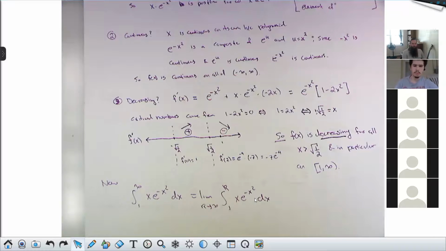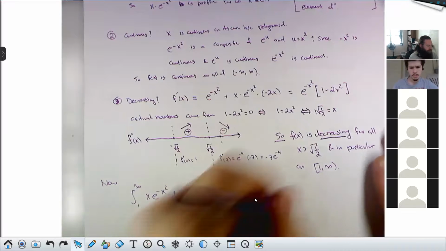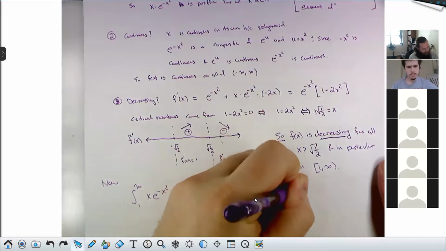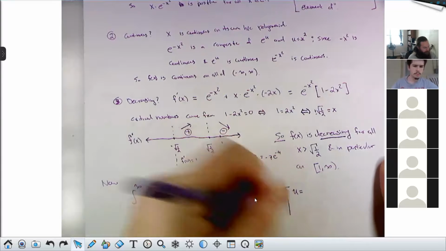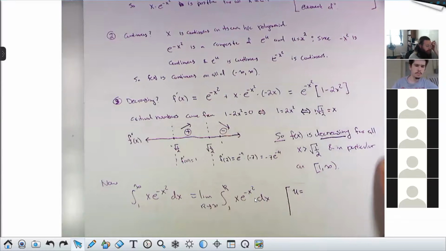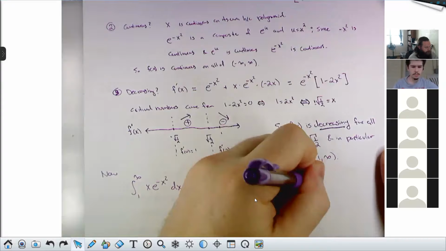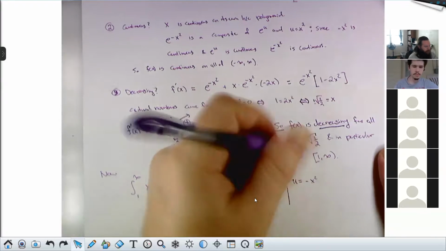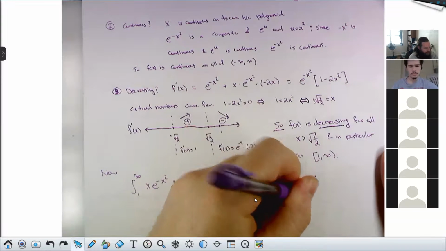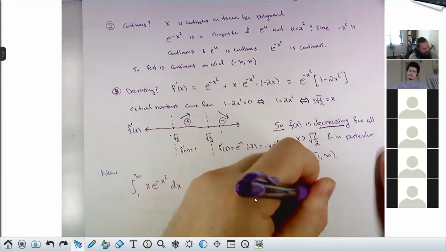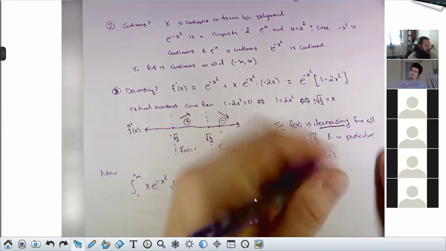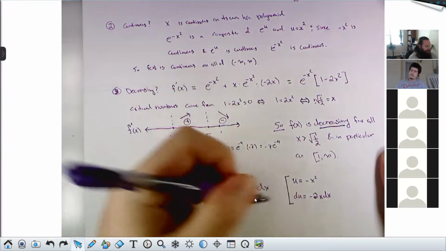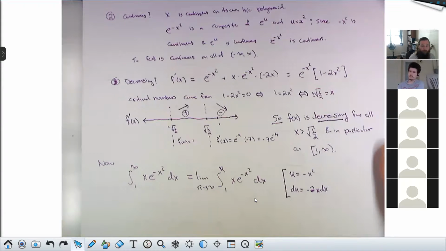Substitution. Very good. What do I sub for? Negative x squared. Yeah, negative x squared is a good choice. You could also get away with x squared. Du then is negative 2x dx. What else do I need to do? Divide by -2 and then change your bounds. Yes, very good.